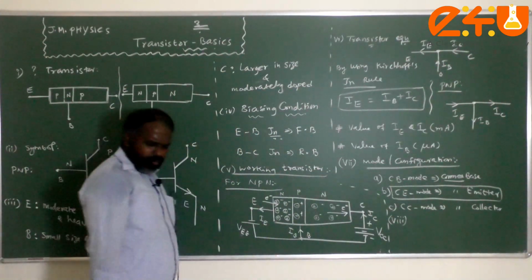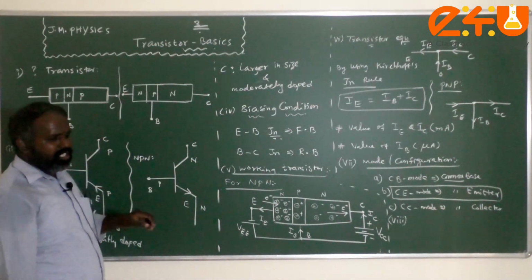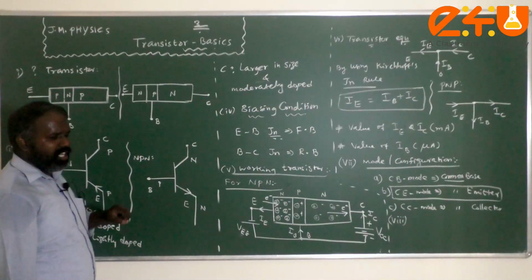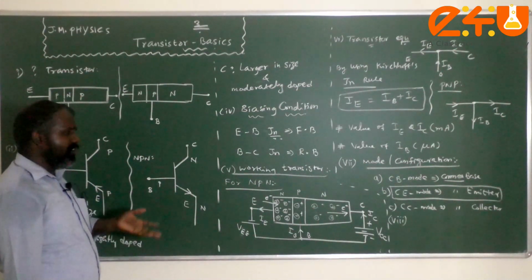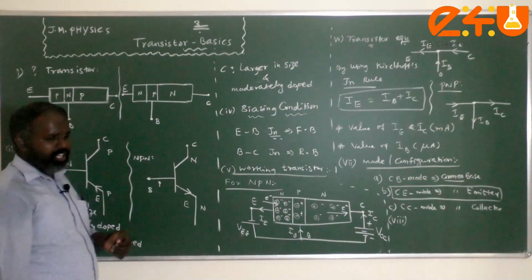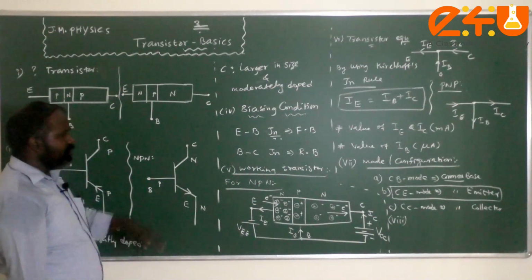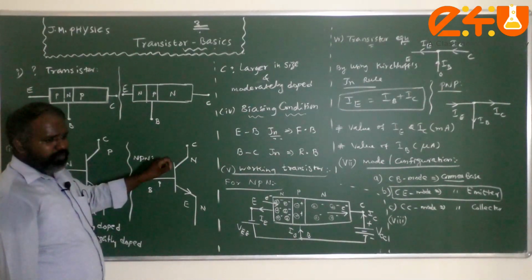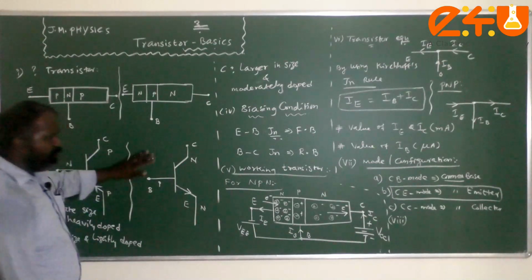Before going to the elaborate study about NPN transistor characteristics, the transistor as a switch and the transistor as an amplifier, which are all important for our MCQ area, these are the basic things you must know. So I am giving some time for you to copy or note down this theory part, students. Kindly note it down.